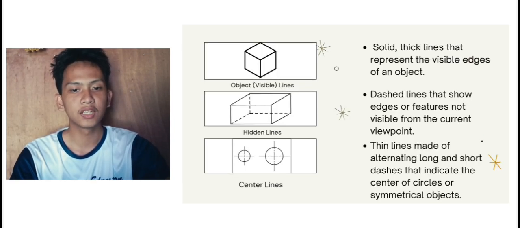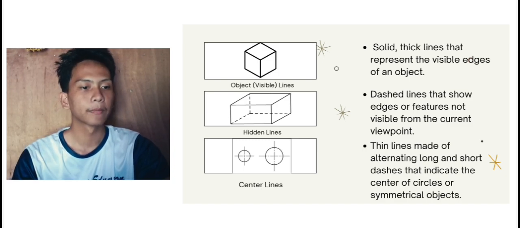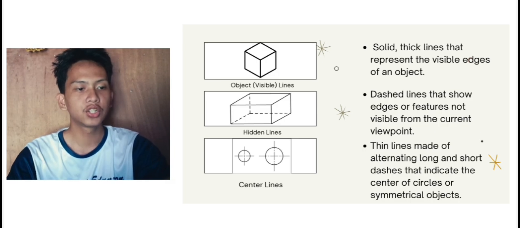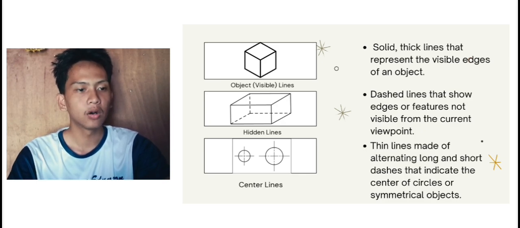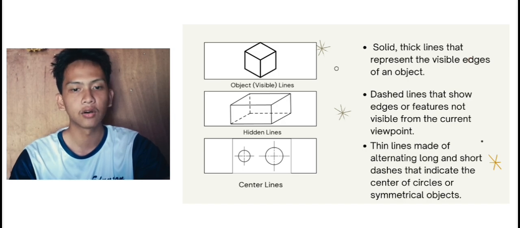What is object visible lines? Solid thick lines that represent the visible edges of an object. So it shows the thick solid line. What do you mean by thick, or yung gaano kakapal, ganun. So ito ay nagpapakita o ipinapakita ang mga nakikitang gilid ng bagay or ng object.